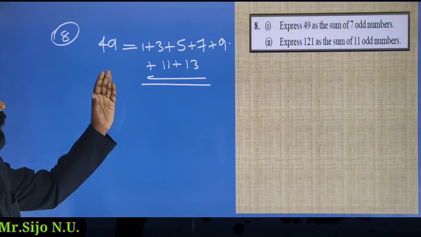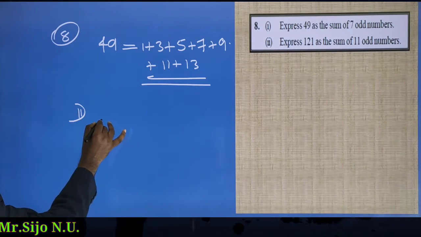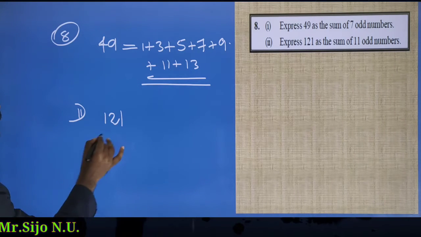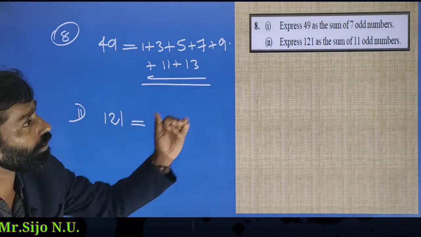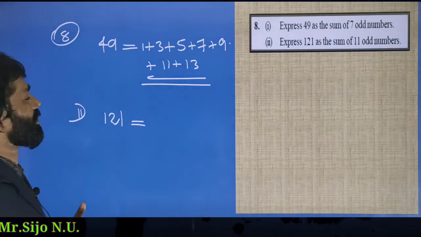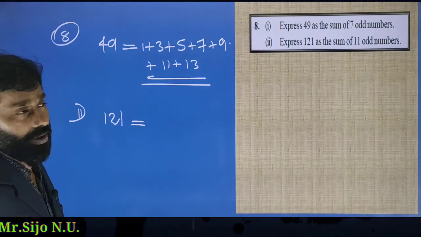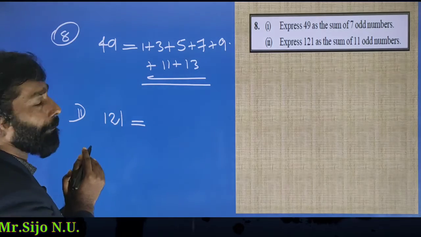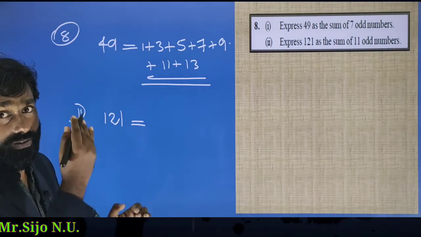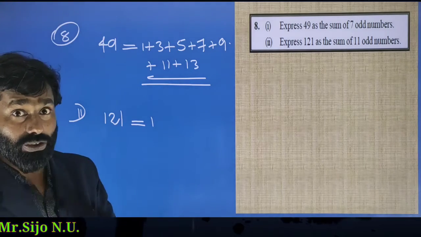So what about the second one? The second one is 121. We have to express it as the sum of 11 odd numbers. So what we have to do? Just like this. We know 121 is 11 square. So the 11 odd numbers start from where? From the very first odd number, 1.